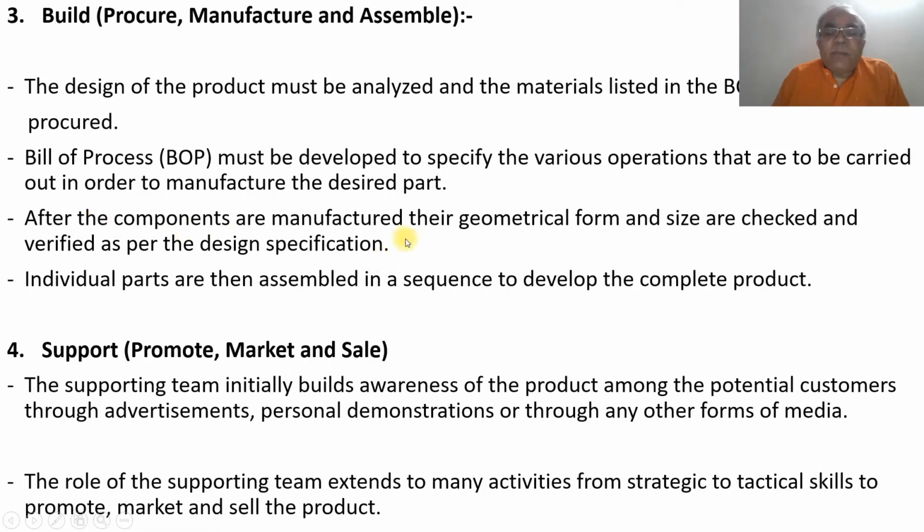So after the components are manufactured, they go for inspection. In that inspection, they check and verify that the part has been manufactured as per the requirement of the design specification.